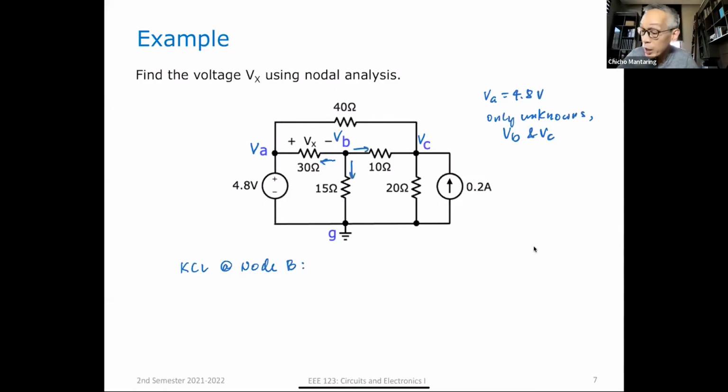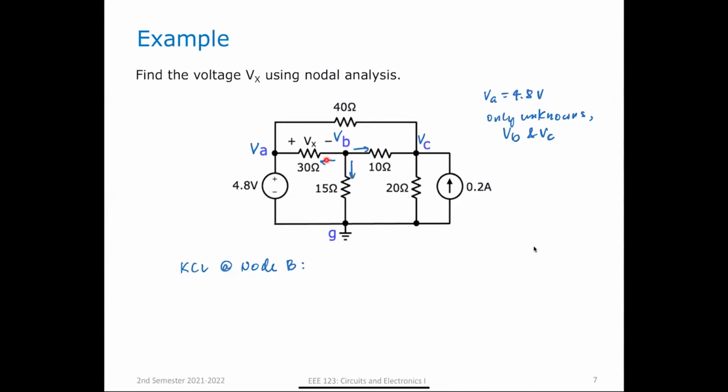So what is my expression for this current? Can someone tell me what the expression for this current is? Can I call on Clyde? What is the expression for this current? VB minus 4.8 volts all over 30 ohms.